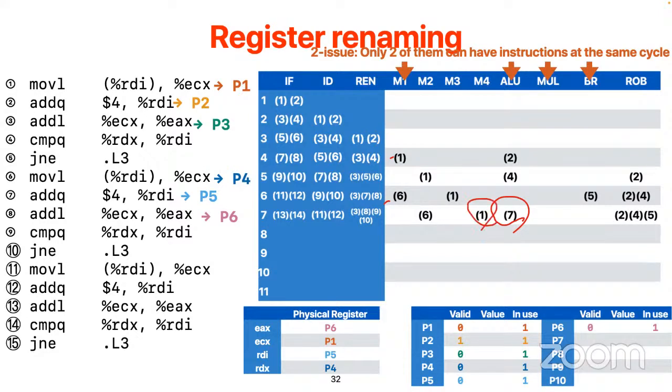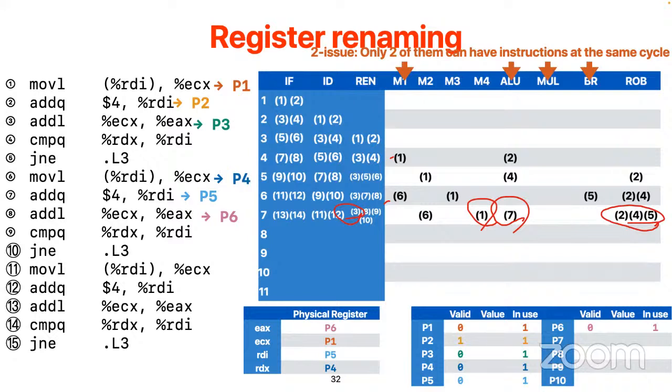Because instruction 1 is likely to finish, assuming a perfect cache with no cache miss, instruction 3 can be put into execution. In the meantime, the reorder buffer has 2, 4, and 5, all because instruction 1 hasn't finished.